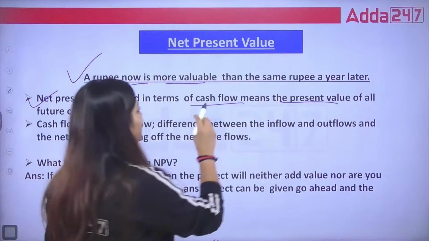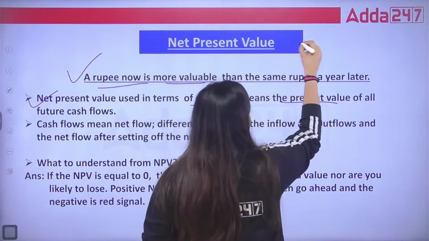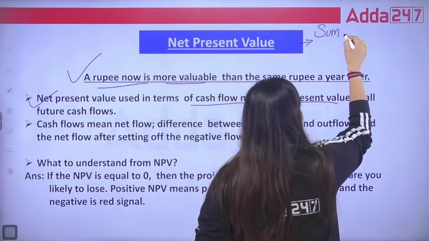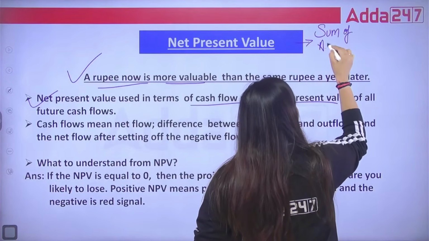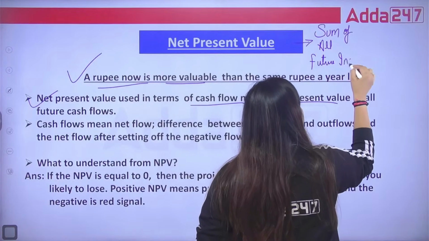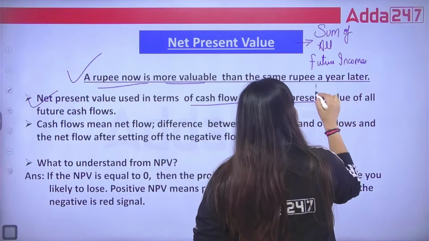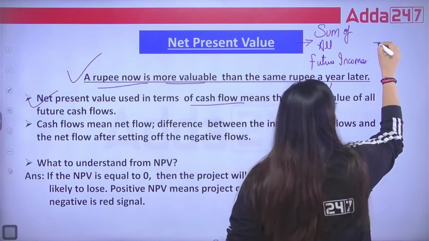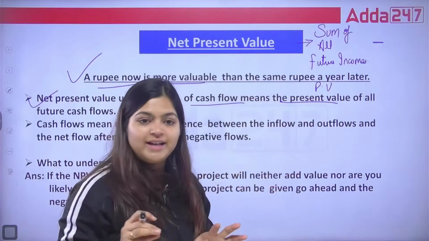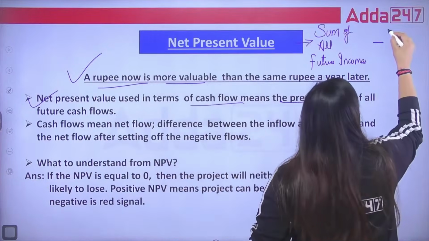So basically when we are talking about NPV, that is the sum of all future incomes' present value minus your initial amount.